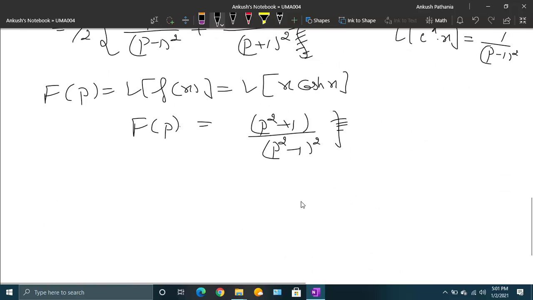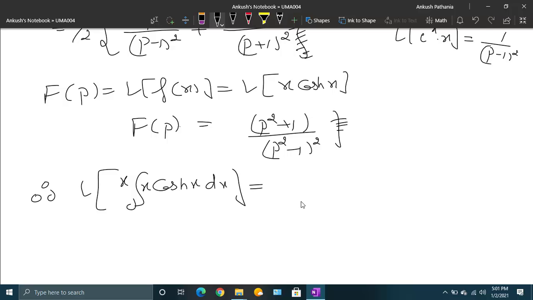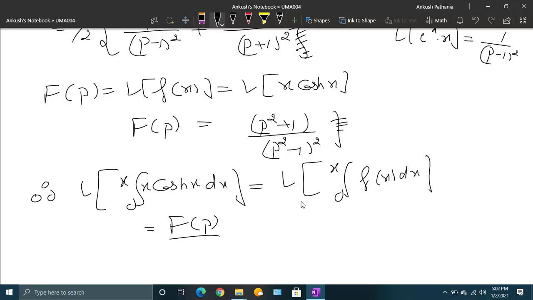Therefore, the Laplace of the integral 0 to x of x cos hyperbolic x dx, that I wrote like this, was F(p) upon p, and now I have got F(p), that is (p square plus 1 upon p square minus 1) whole square, divided by p. So this is the result.